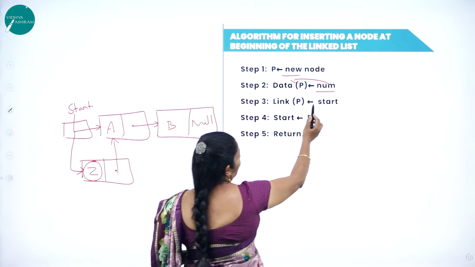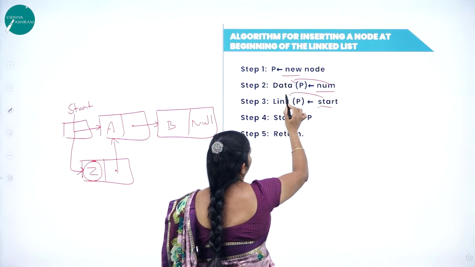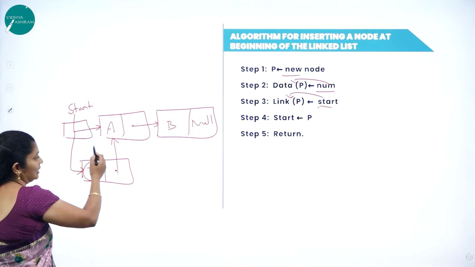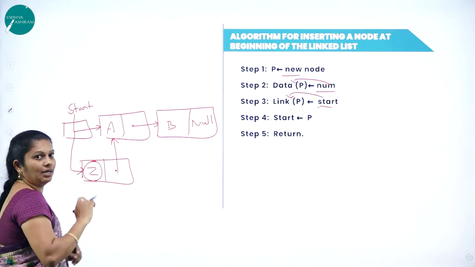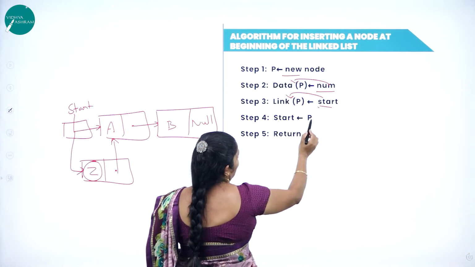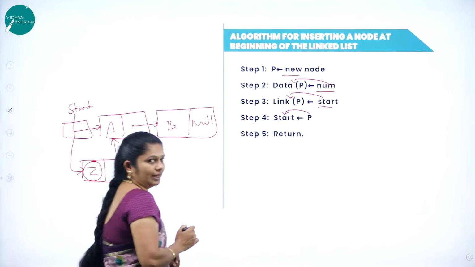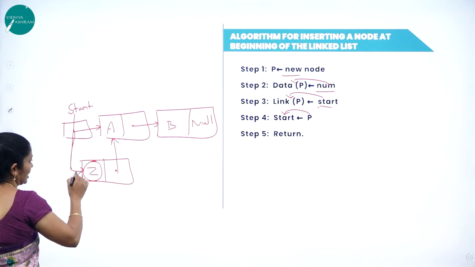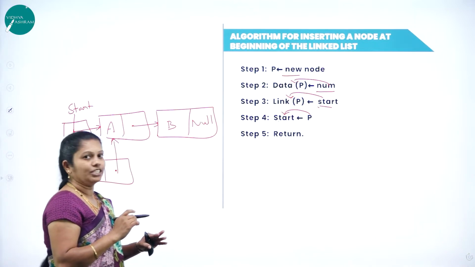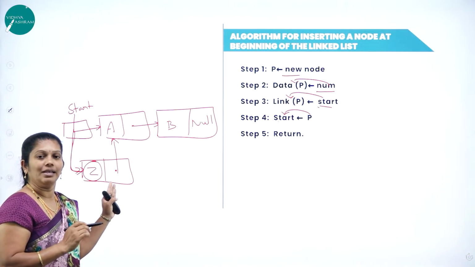Later on, whatever address is in the start, we will connect to the link part. Whatever address is in the starter node, we have to connect to the previous node. Then P assigns start. Whatever node is in P, we will take the address of the start node. Then return. This is the step to create a node at the beginning in a linked list.